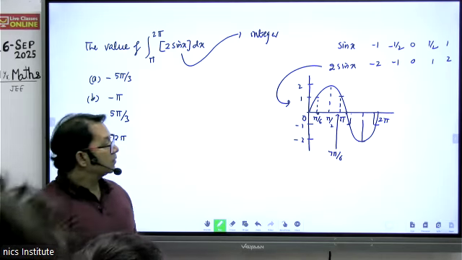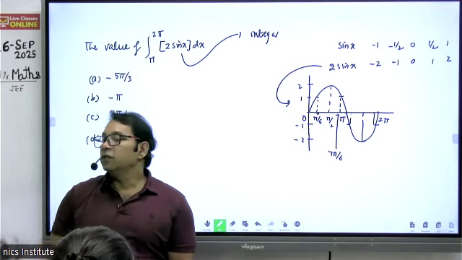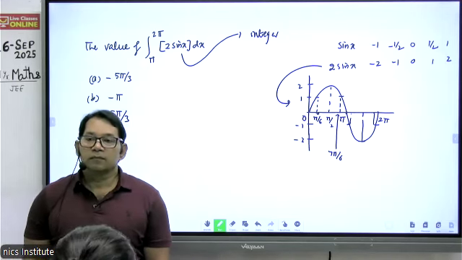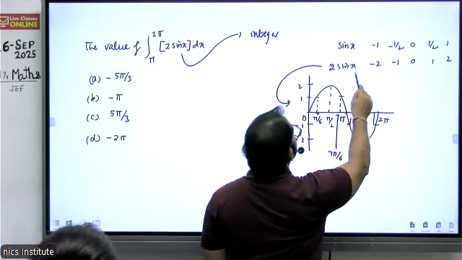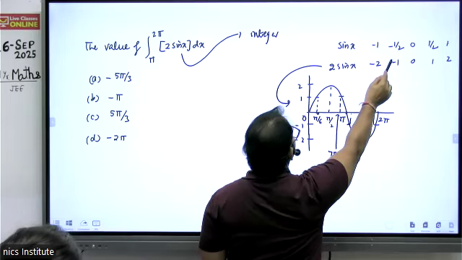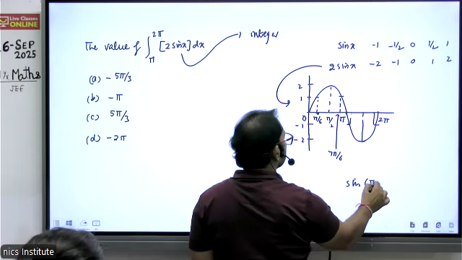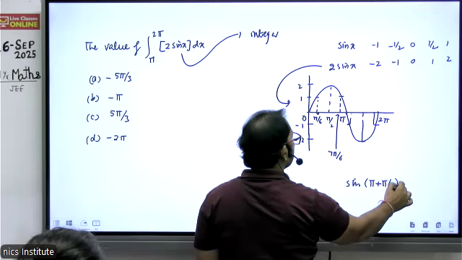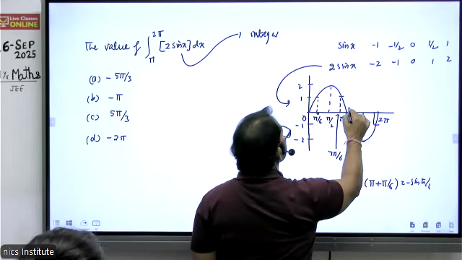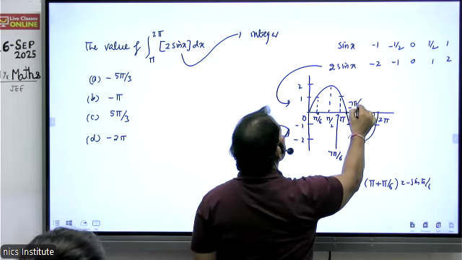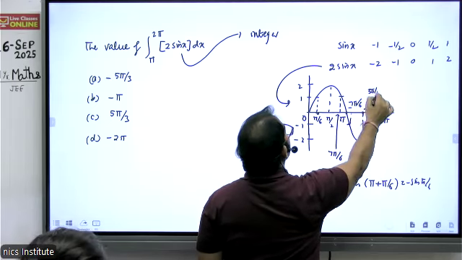Sin x is -1 in which quadrant? Third. 2 sin x is -1 in third, no? 2 sin x is -1. Sin x is minus half. So sin(pi plus theta) is minus sin theta. So it will be 7 pi by 6. This would be 3 pi by 2.